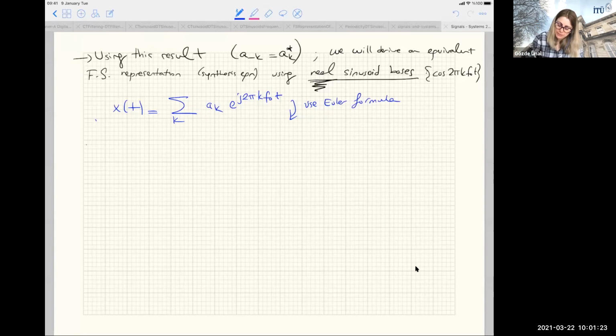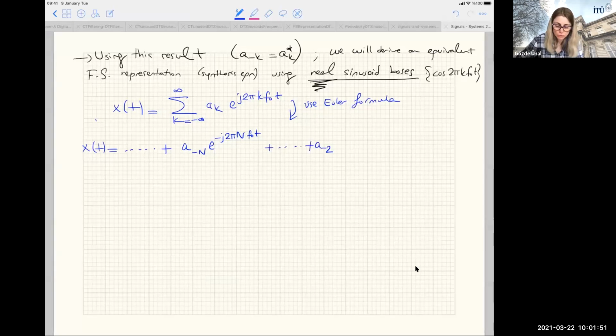So x of t, k from minus infinity to infinity. It's really coming from minus infinity to some place. So let's start with a minus N e to the minus j 2 pi N f0 t, the Nth harmonic. And guys, I'm really skipping some terms.